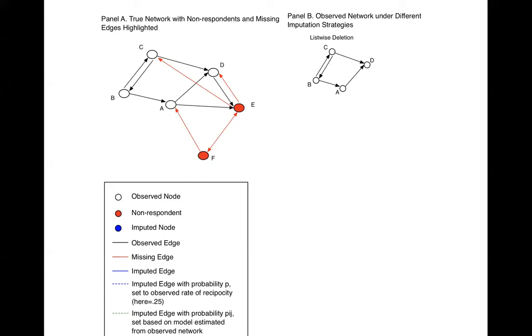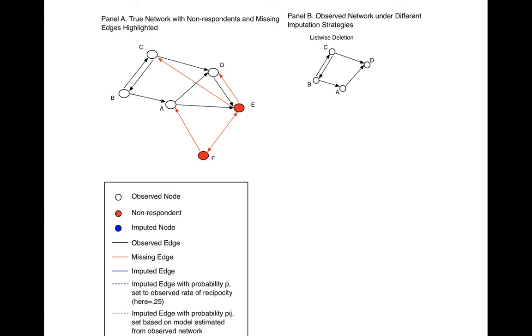If you choose to do listwise deletion, this basically implies taking all the non-respondents and deleting them and all the incoming and outgoing ties, and constructing the network without them. So you are effectively just analyzing a little piece of the network, just the ties between the observed nodes. You can see that nodes E and F are not in the network, and there are no ties to and from them, of course.